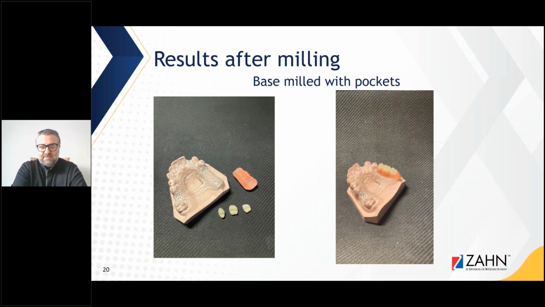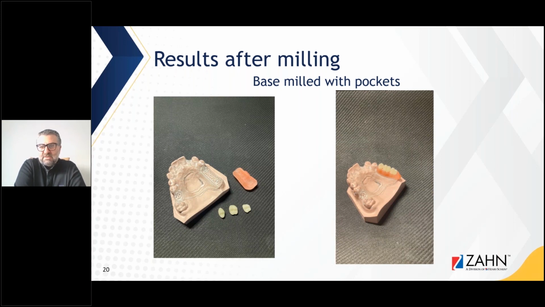I spent probably maybe 2 minutes just to cut my connectors and finish my connector areas. I did not spend more than 5 minutes in total. What's really beautiful about this is that when that resin or that material comes out of the milling machine, it's almost 90% done.